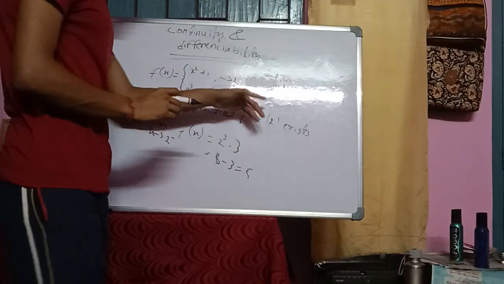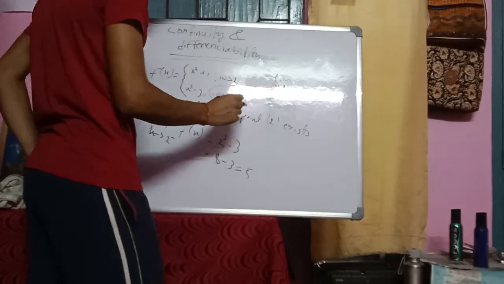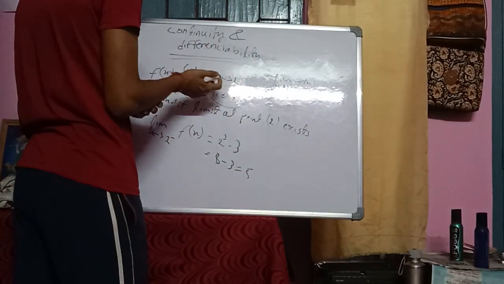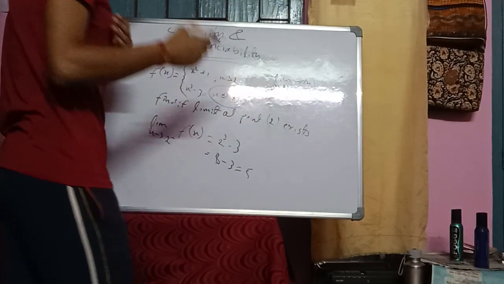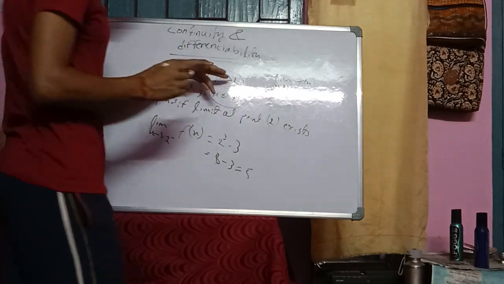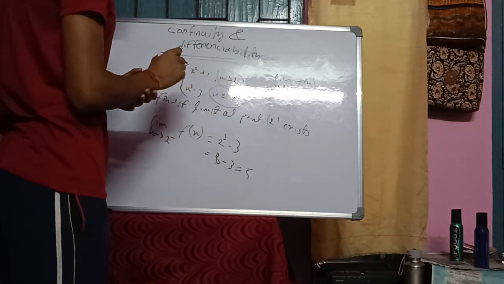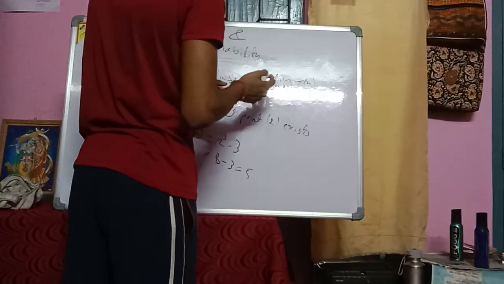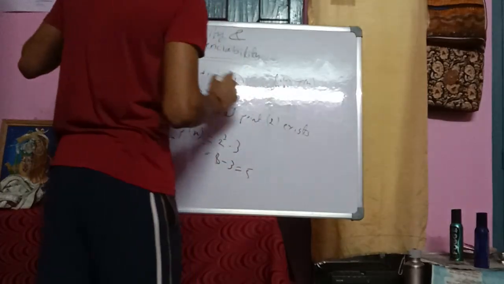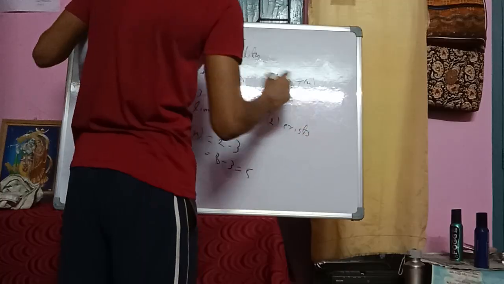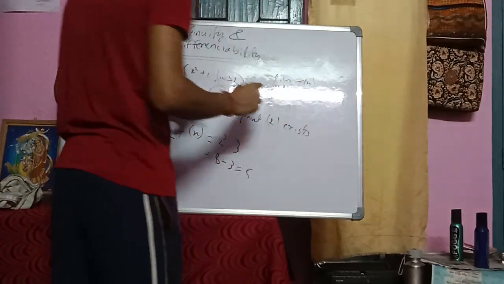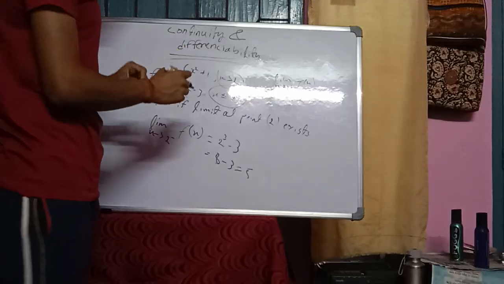And the right hand limit, that is limit x tends to 2 plus of f of x. This time our value is going to be very close to 2 but slightly larger than it. So it satisfies the condition x greater than 2. So this time it would be x square plus 1. You can again write 2 in the place of x because those values are very close to each other.